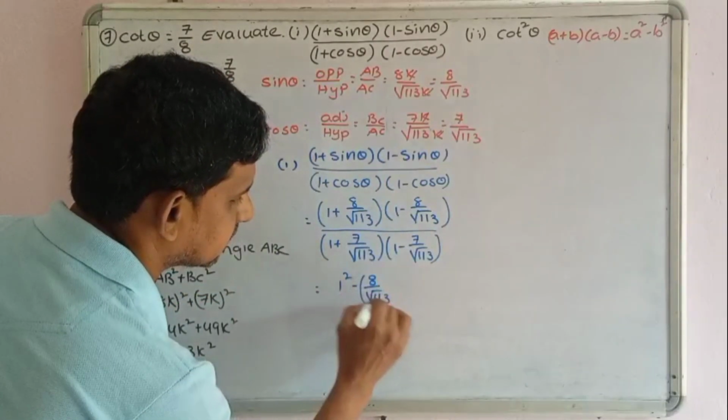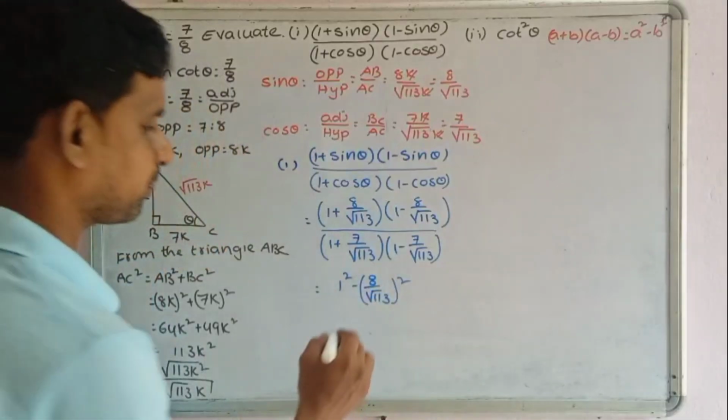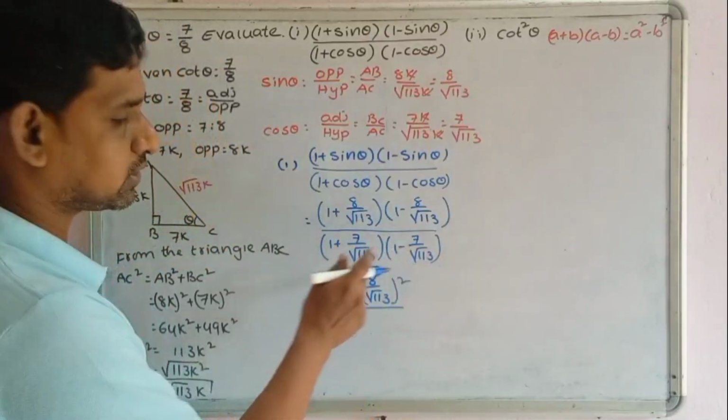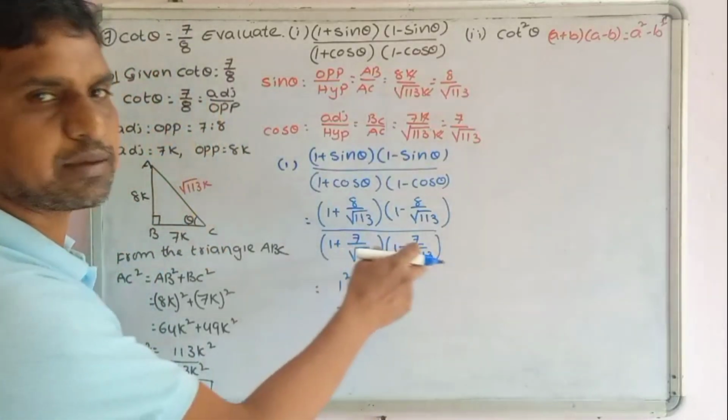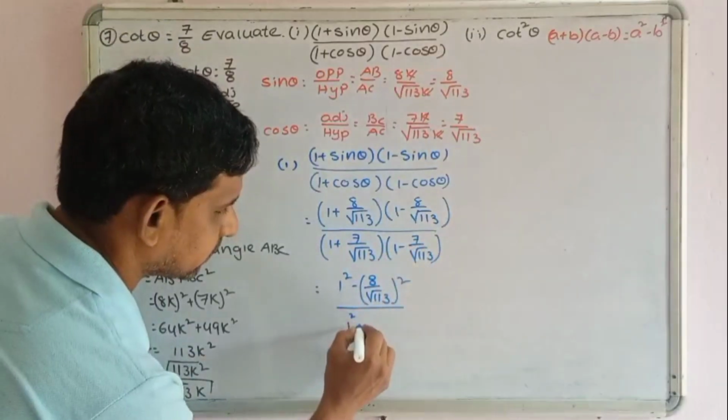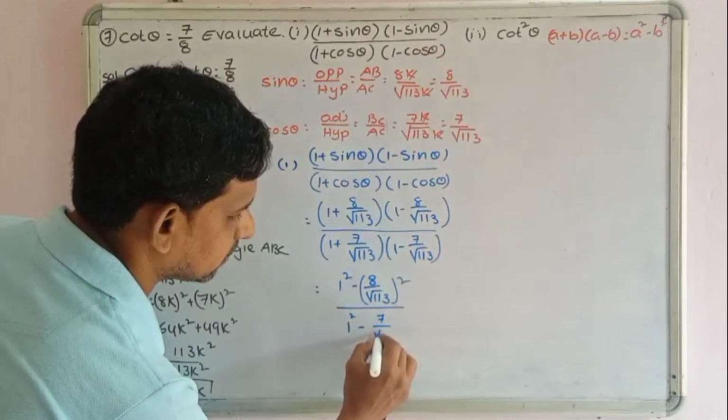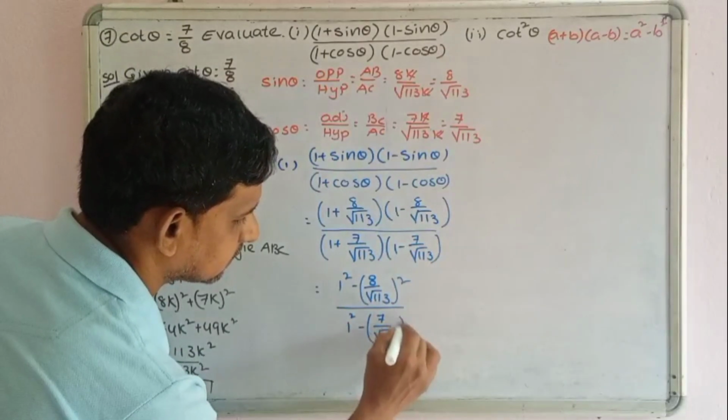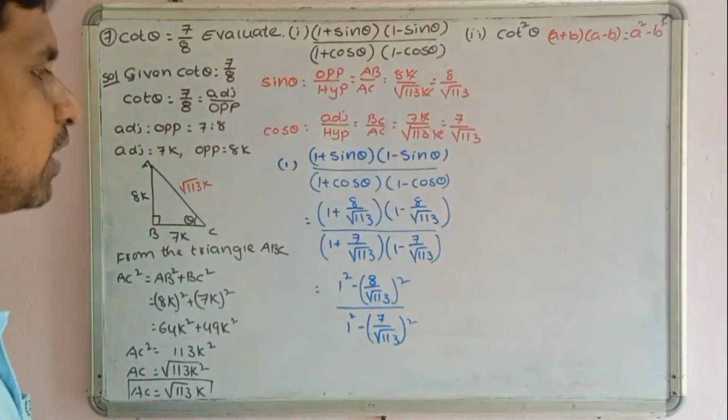1 square minus 8 by root 113 whole square, and the denominator also uses the same formula a plus b into a minus b. So 1 square minus 7 by root 113 whole square.